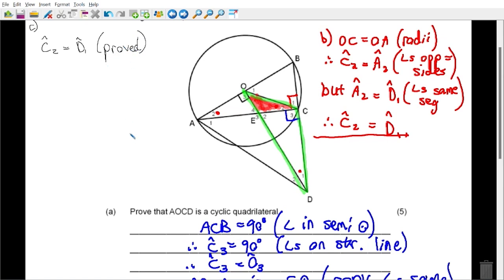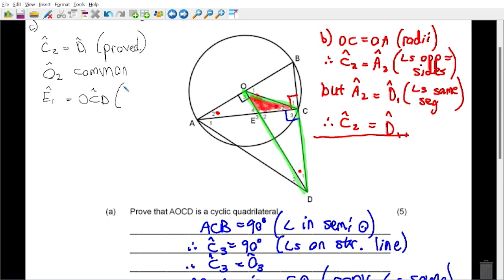So I've got one angle so far. The next angle that I know is equal in both of them is that angle O2 is common. Right, it's a shared angle, common or shared. And so therefore the third angle in the triangle, which in the little red triangle is E1, must equal the third angle in the big green triangle, which is OCD.